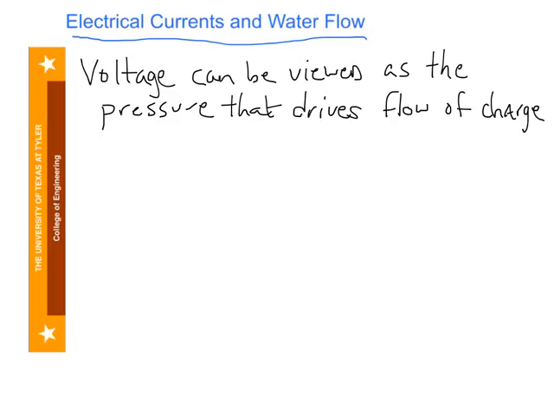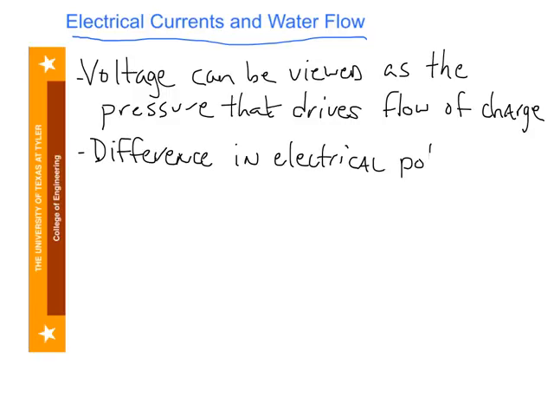Right. So another way of looking at voltage is we can talk about voltage as being the difference in electrical potential between 2 points. So in other words, the difference in pressure between 2 points.